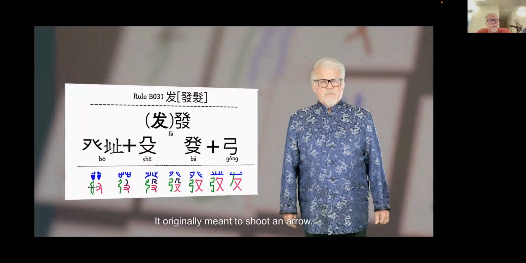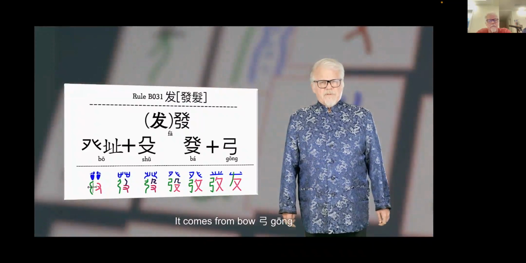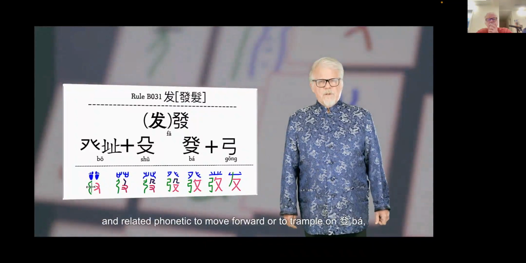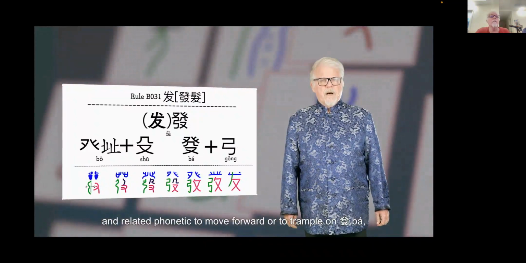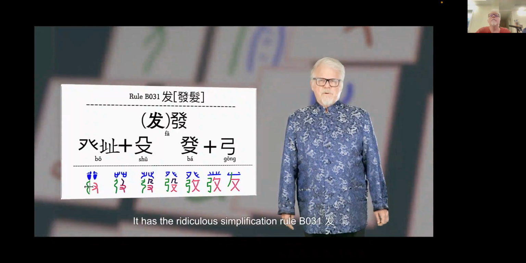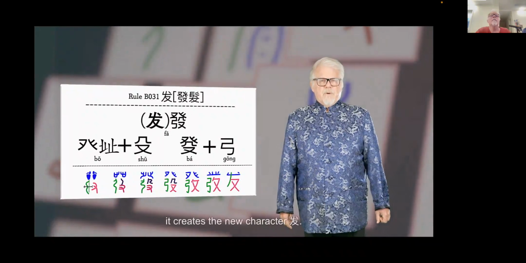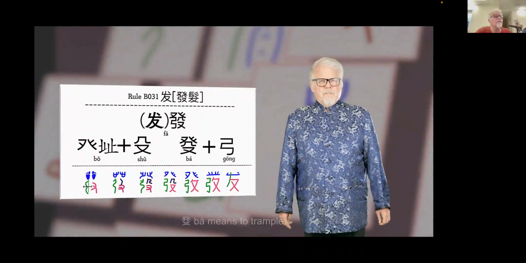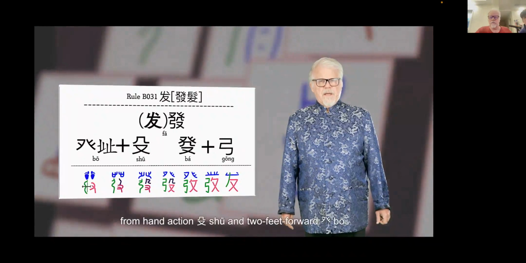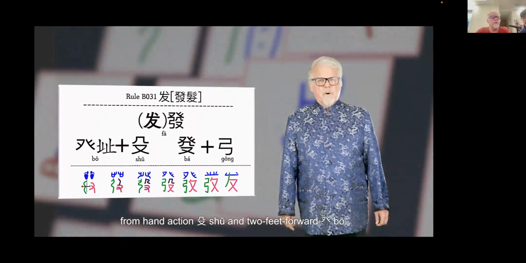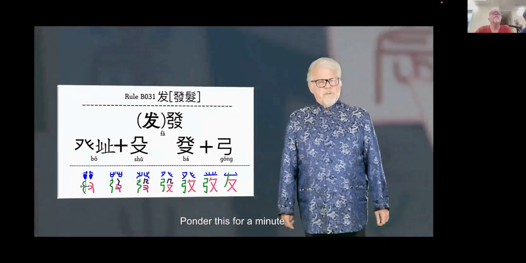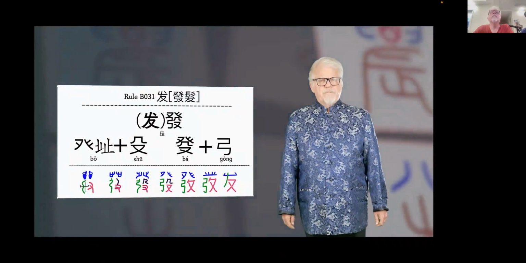It originally meant to shoot an arrow. It comes from a bow, gong, and related phonetic to move forward or to trample on, ba. It has a ridiculous simplification rule B031, fa. It creates a new character, fa. Ba means to trample, from hand action, shu, and 2 feet going forward, bo. The Shouwen says this is the phonetic. Ponder these characters for a minute.